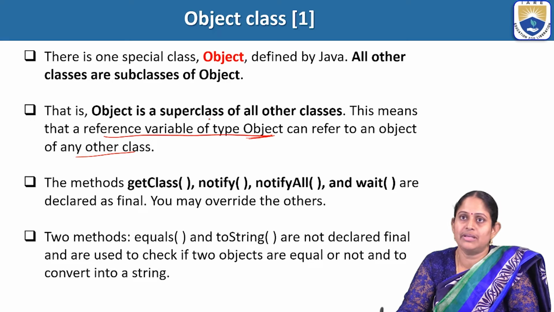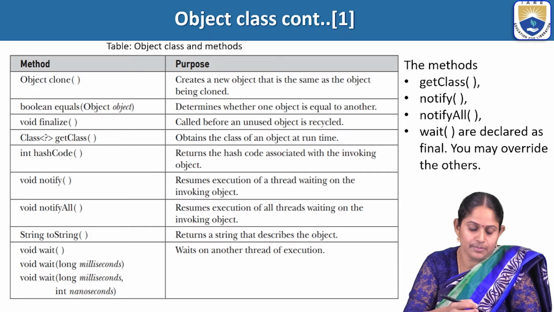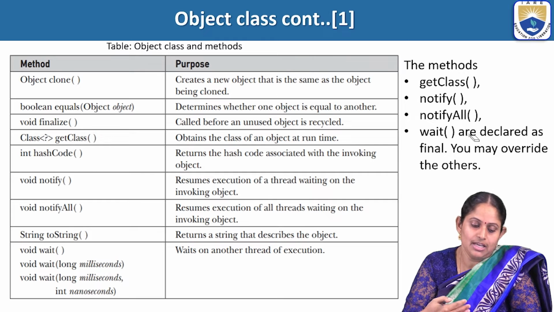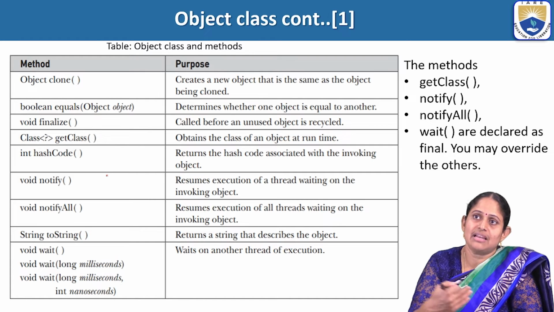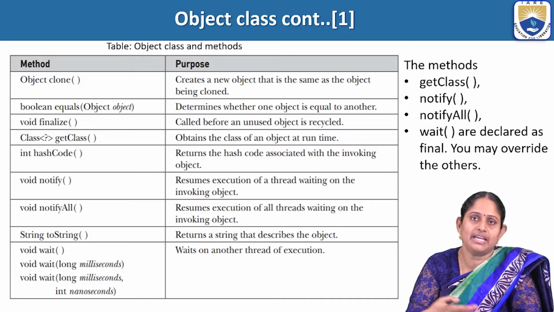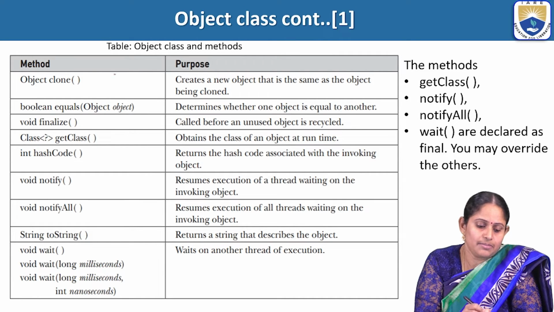Now there are a lot of methods available in the object class, some of which are declared as final and some are not final. All these methods will be inherited and can be accessed by the other classes. All these methods will be available by default in any class you create in Java. So these are the various methods.